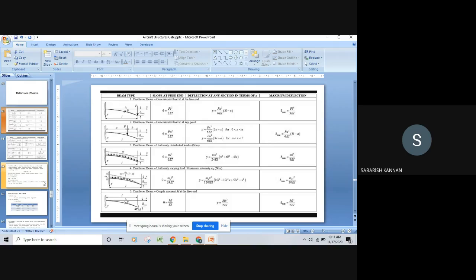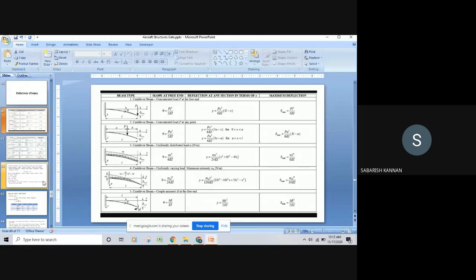Okay, so now we have one differential equation to find the deflections. In mathematics that we studied in Engineering Mathematics 3, transforms and partial derivatives, in that unit, around unit 3, that is the vibrating string, in that also the beam will come, and we find out the slope and deflection.